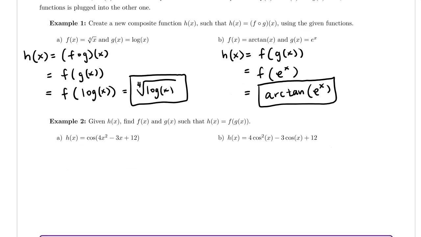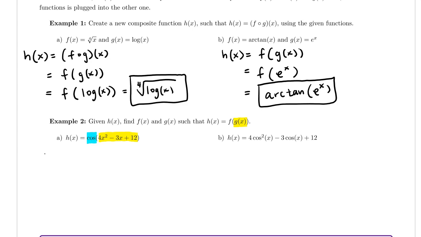Example 2 says, given h of x, find f of x and g of x such that h of x is equal to f of g of x. So this is essentially asking, what function am I plugging inside of the other function? And so here in part a, we can see that we have this polynomial here, and then my outer function is the cosine function. So how are we going to write that?